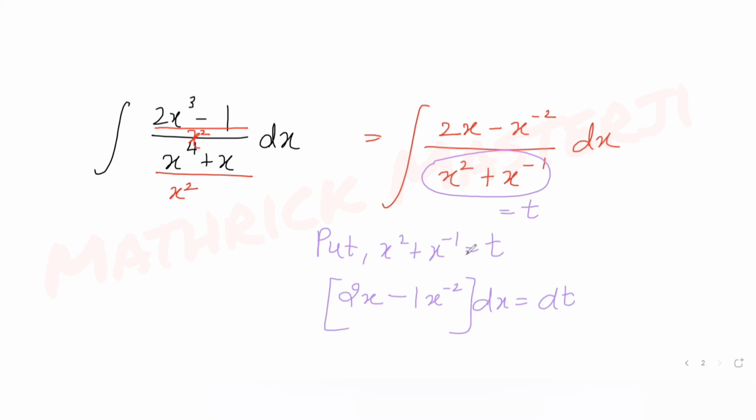So my entire numerator got adjusted when I divided both numerator and denominator by x squared. So 2x minus x raised to minus 2 dx is equal to dt. If I substitute that in my integral, it becomes integral dt over t. So you get log of mod of t plus c.